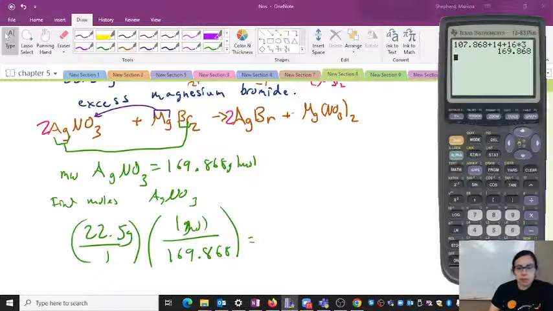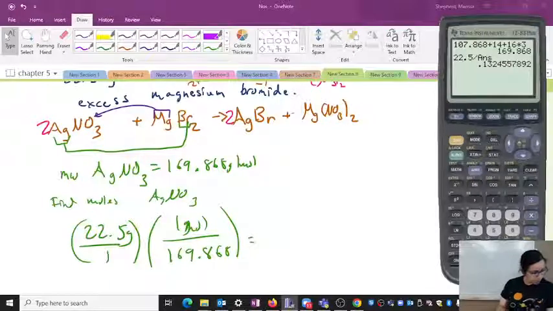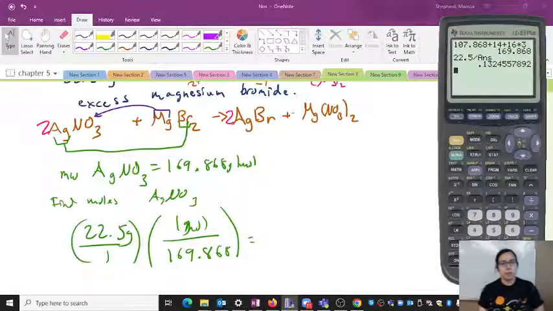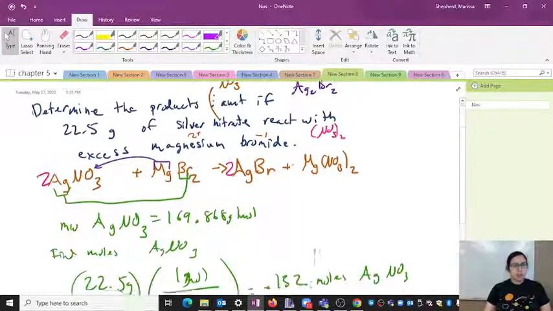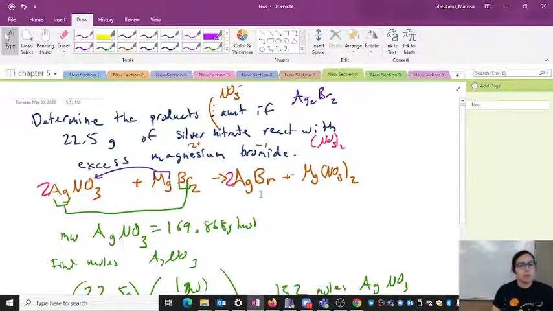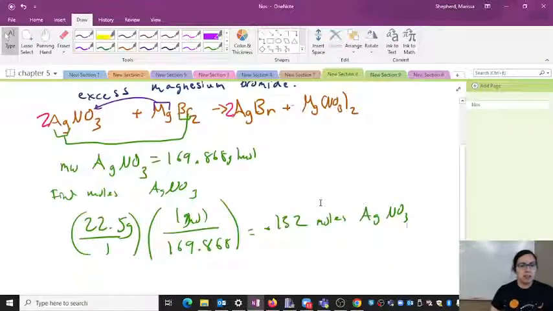And so where were we? So 22.5 divided by molecular weight. So then we should have 0.132 moles of our silver nitrate. And then from there, I didn't say, because I was keeping it really ambiguous, what to calculate. So I would calculate at least moles of each.